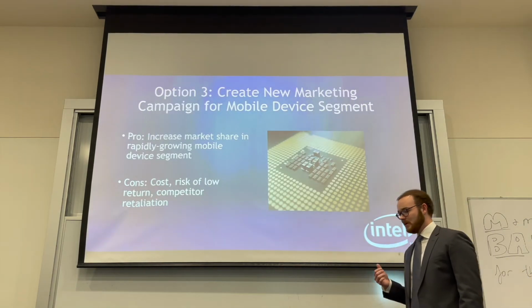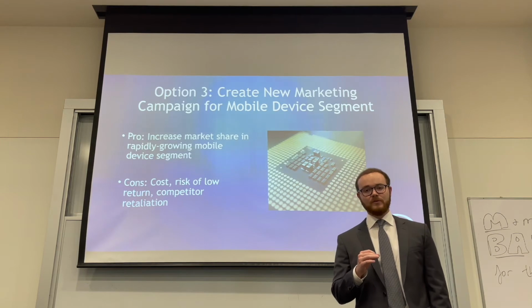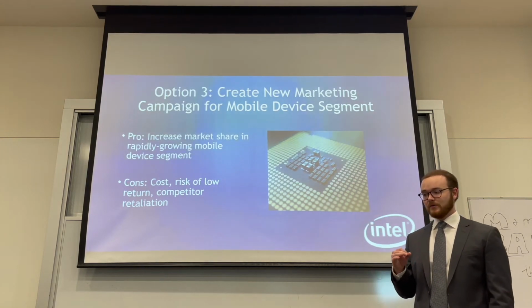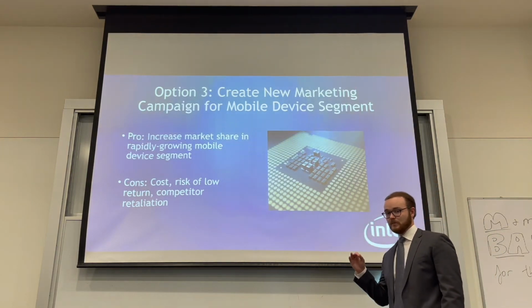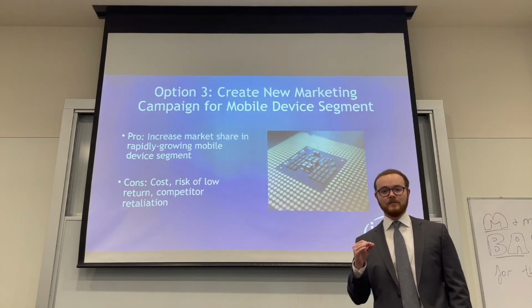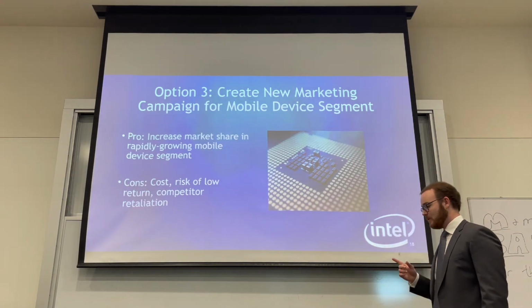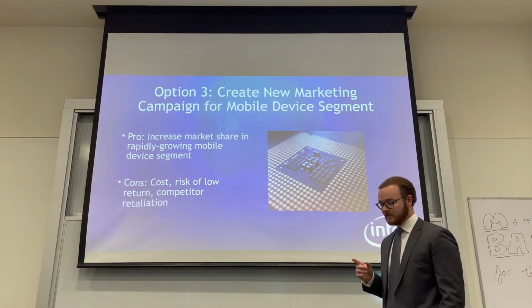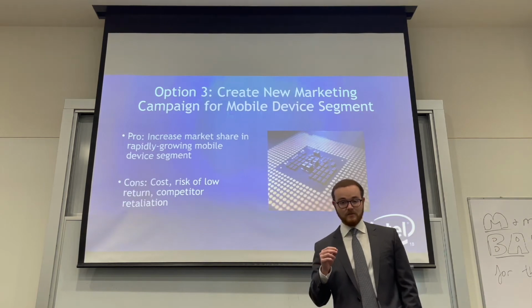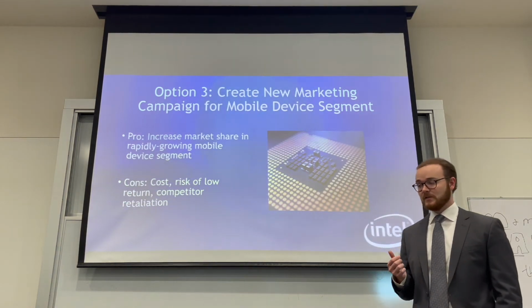Option three is we go with a new campaign specifically tailored for the mobile device segment. Now, this has the same potential benefits as option two in that it will facilitate penetration of the mobile device segment. However, the cons are a little bit different in that it is a new campaign, so there is cost associated with developing that, obviously.